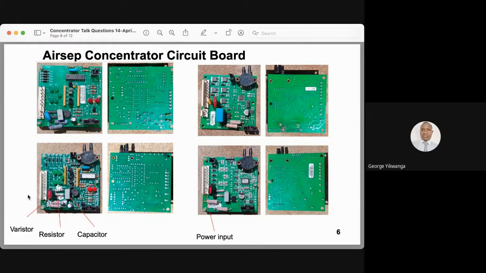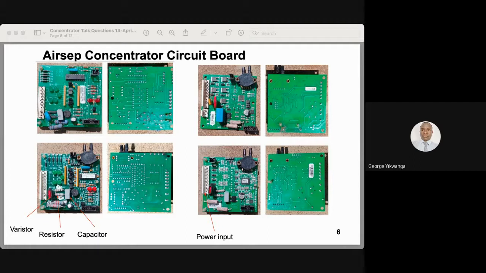As we all know, a concentrator uses a pressure swing adsorption process to produce oxygen. For this process to be achieved, there's a need for a circuit board to control the opening and closing of the valves on the oxygen concentrator. Depending on the mode of the concentrator, the circuit board is also responsible for monitoring the pressure in the system. It is also responsible for alarm systems, and most important, it is also responsible for oxygen purity monitoring.